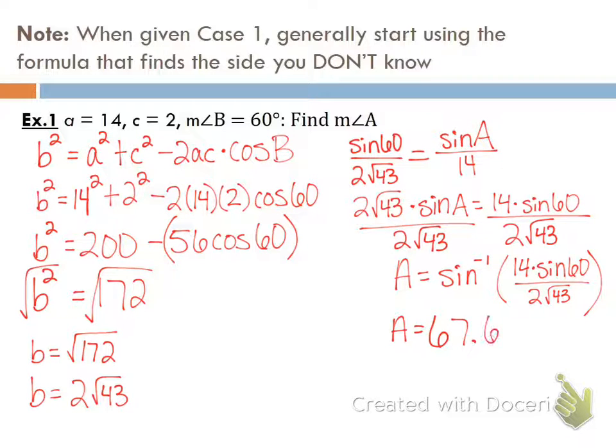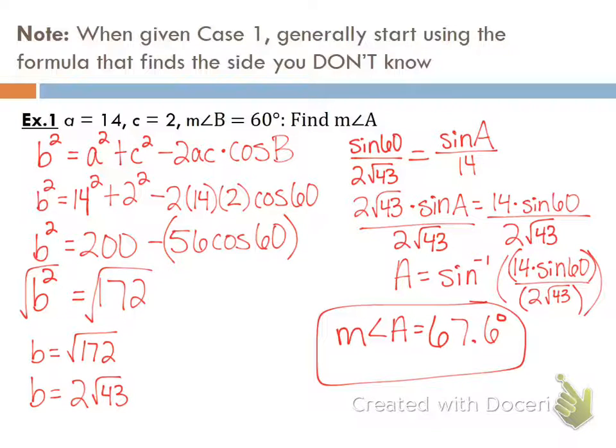Okay, when I did it, I got 67.6, so I believe that would be correct. Anybody need help getting that? Last call for questions on this one before I move on to the next one. Okay.